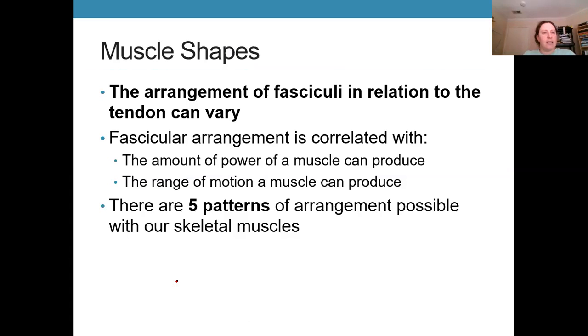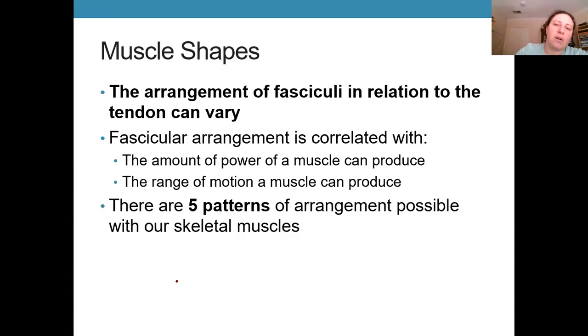The other thing that we can look at here is muscle shape. We talked about how we can categorize bones based on shape, and we actually do the same thing with muscle. We do it for a particular reason, and it's kind of related to how we do it with bone as well. That's because the shape of the muscle can often dictate its strength and its range of motion.